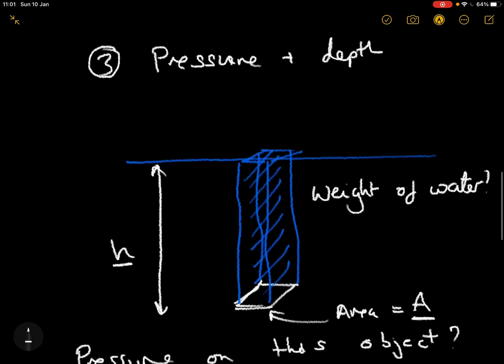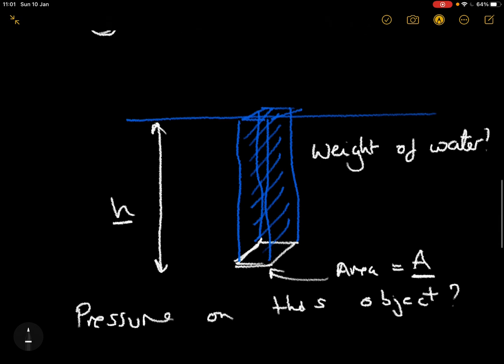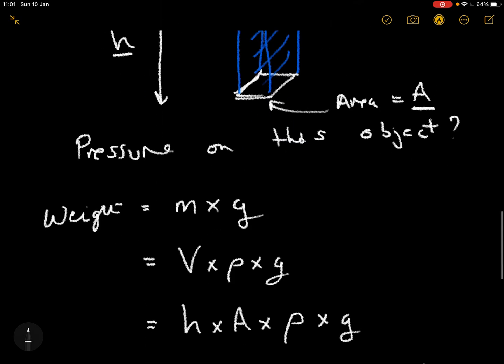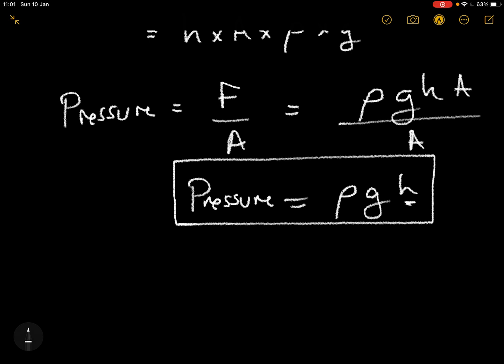Now, this is the third equation that you may remember from GCSE, and this is where it's derived from. And it kind of makes sense as you go further and further underwater. If you dive down, h increases, and the pressure you feel also increases.